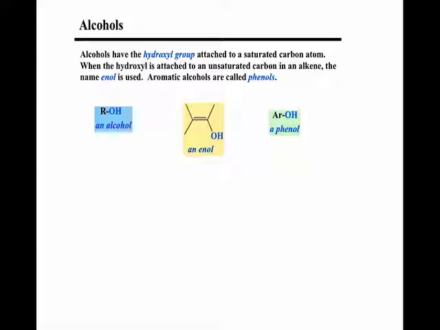We wouldn't. And why wouldn't we? When I deprotonate it, when I remove the proton and I look at the anion, that's how we always determine whether or not something's a stronger acid than something else.